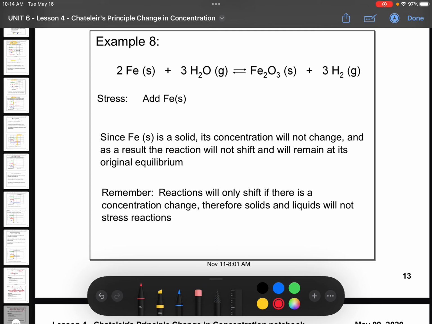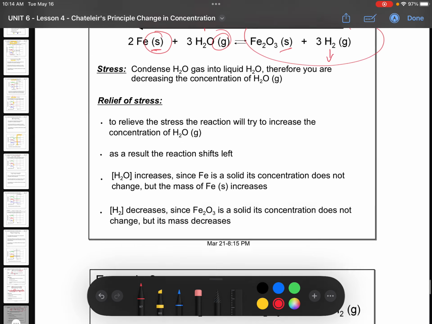So just a little FYI to note that whenever we look at concentrations of solids, the concentration is not going to change, only the mass will change. Same sort of situation here. If we add Fe, which is a solid, the concentration will not change, but we are still looking at the overall reaction. Because the concentration will not change, it will not shift and will remain at equilibrium.